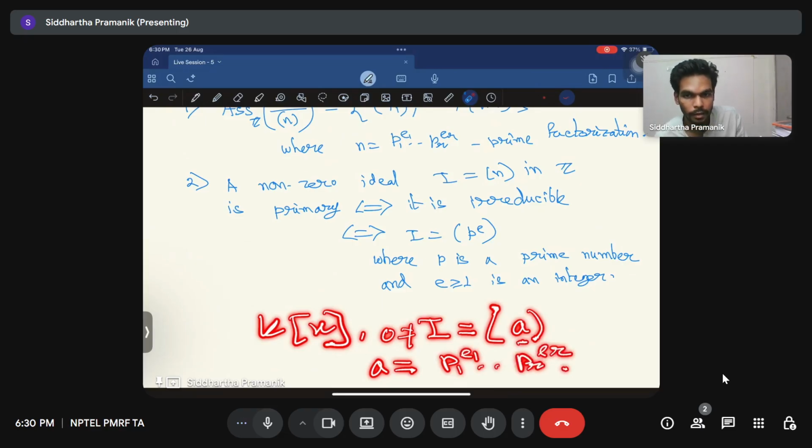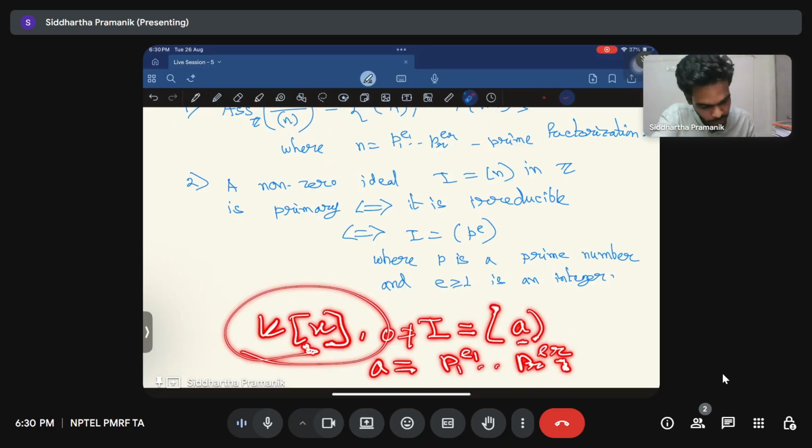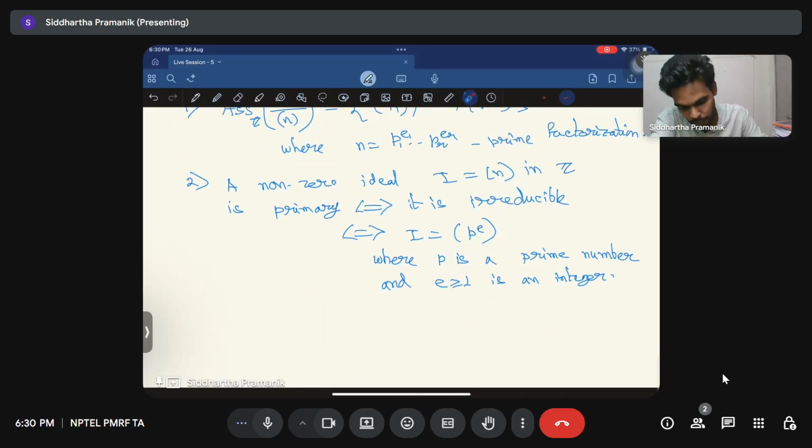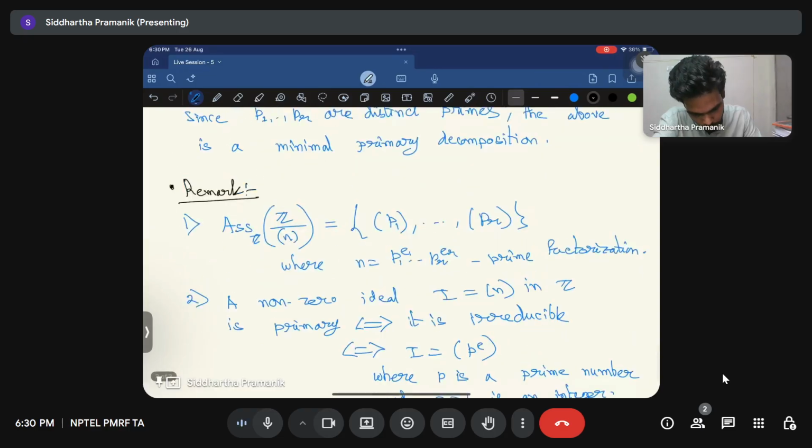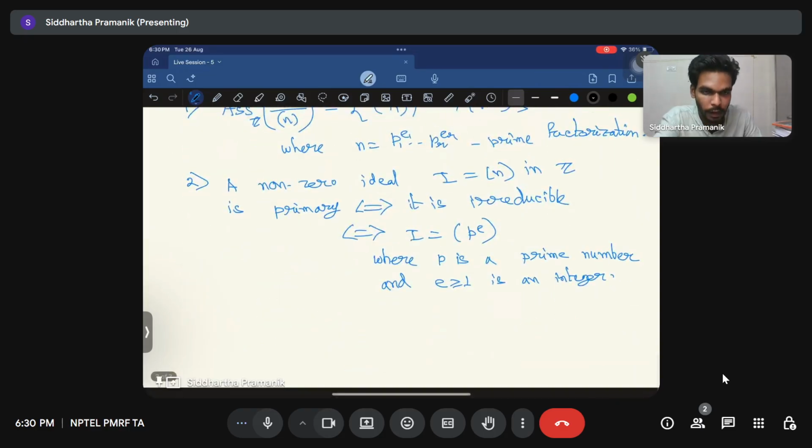Using this irreducible factorization, one can get the minimal primary decomposition in the same way, and the conclusions will be the same for the polynomial ring in one variable. That is just information for you. So for the ring of integers and for the polynomial ring in one variable over a field, we can give the description of primary decomposition of any ideal. So I hope it is clear.